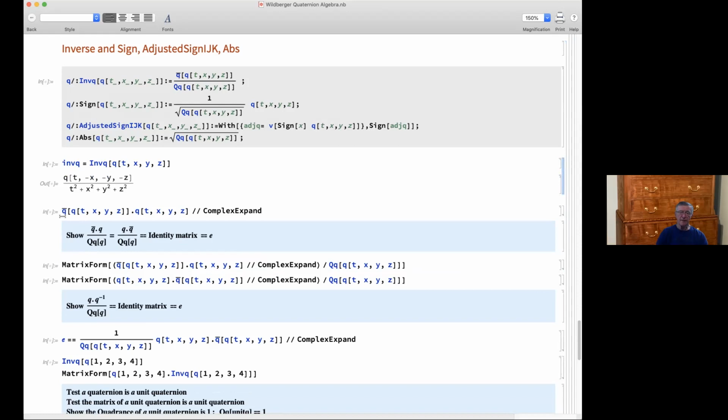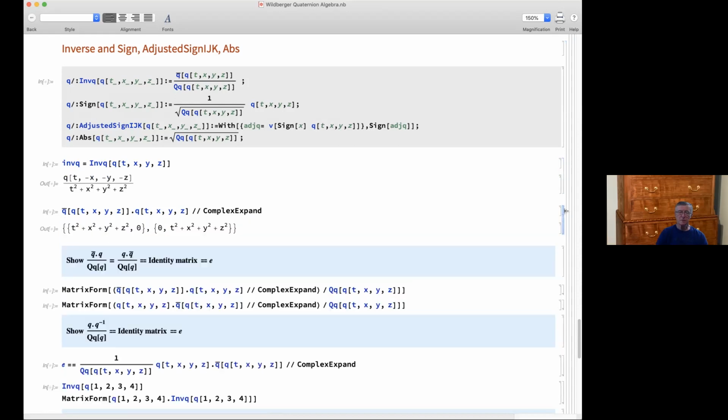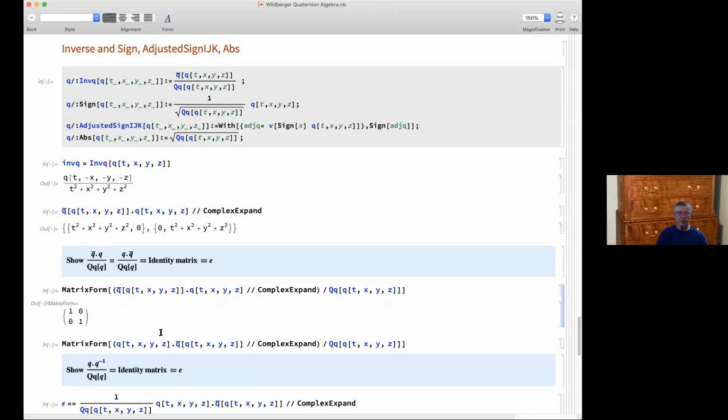And if I multiply the conjugate of a quaternion times the quaternion, I get the quadrants. So if I divide by the quadrants, then I should have the identity element E. And this shows that that's in point of fact true.